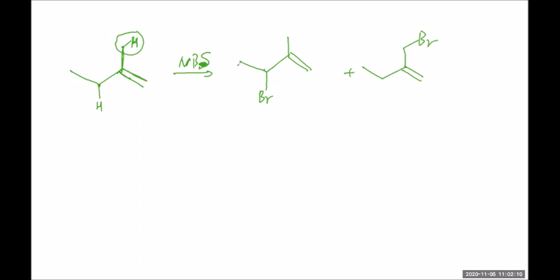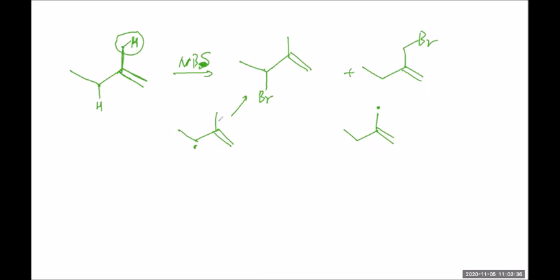Let me see. We would have 2 kinds of radicals. This is one of the radicals, which will give me this product. And the other radical, that's where this compound comes from. So we have 2 radicals. And then let's think about the resonance.